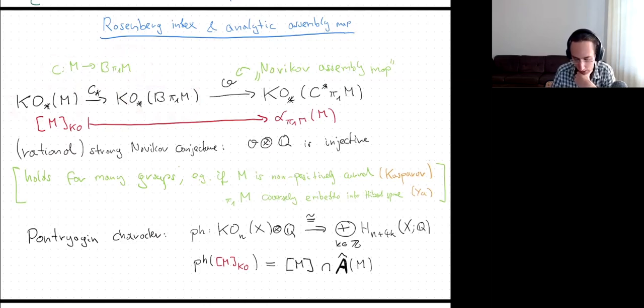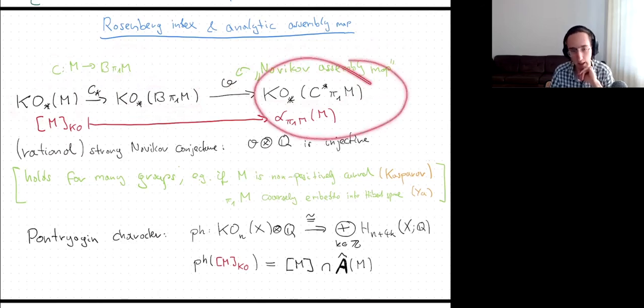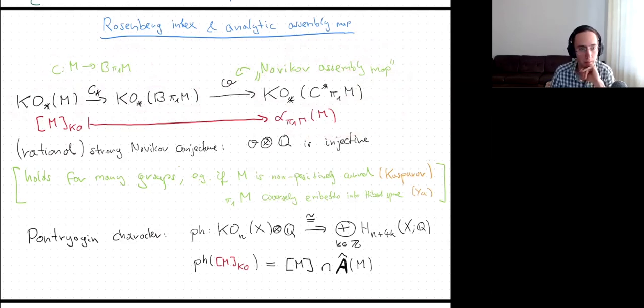And there is an analytic assembly map, which I would call the Novikov assembly map, which maps the K-homology of the classifying space to the K-theory of the group C-star algebra. In case that pi1 is torsion-free, this is actually the same as the Baum-Connes assembly map. In general, it's something related, but a little bit more special.